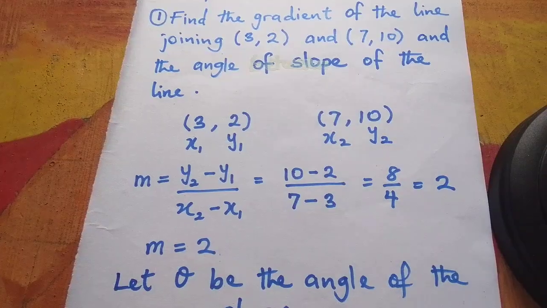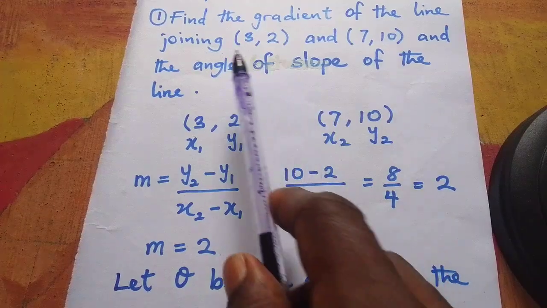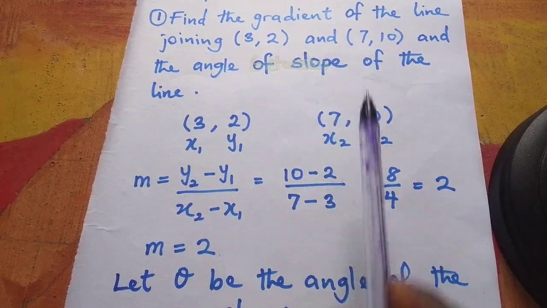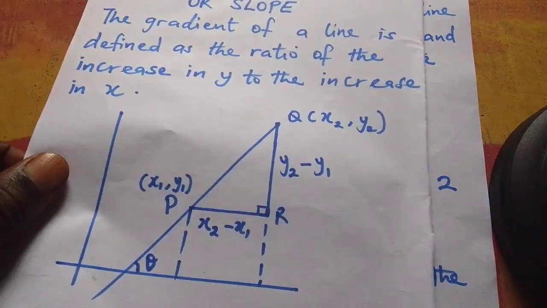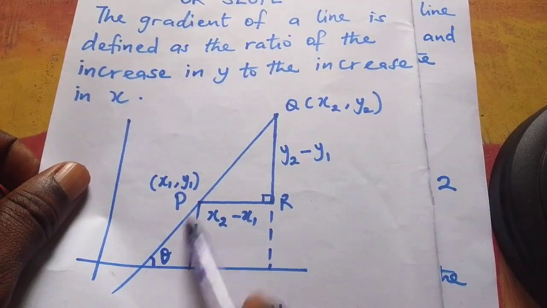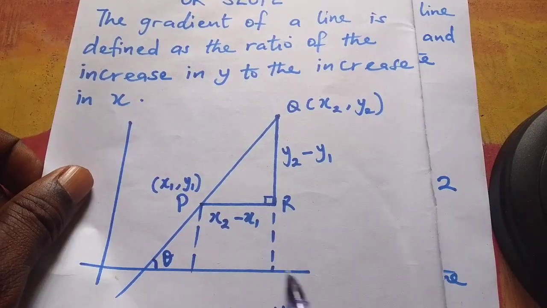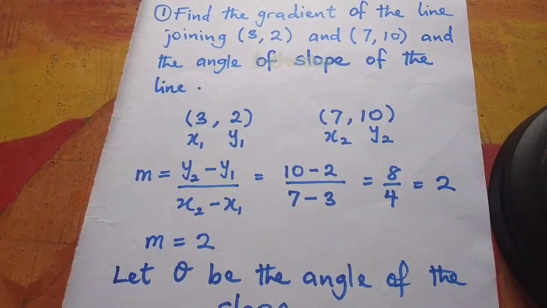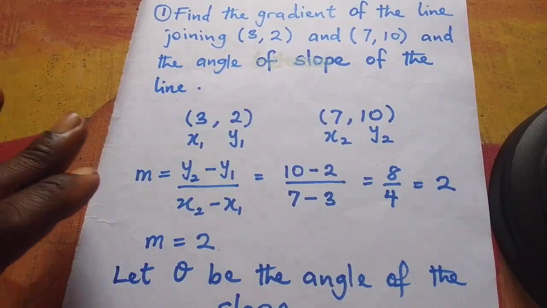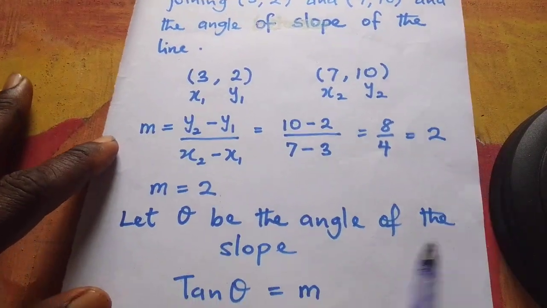Now, the other part of the question says that we should look for the value of the angle of the slope. That means the angle the slope makes with the horizontal axis, the x-axis. That is what we are told to look for. So let theta be the angle of the slope.